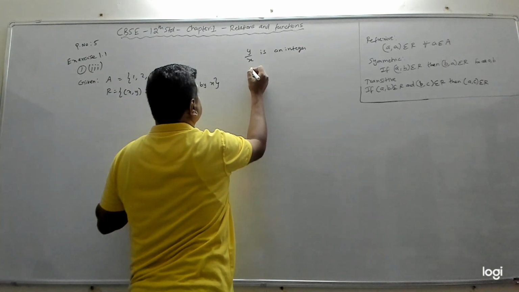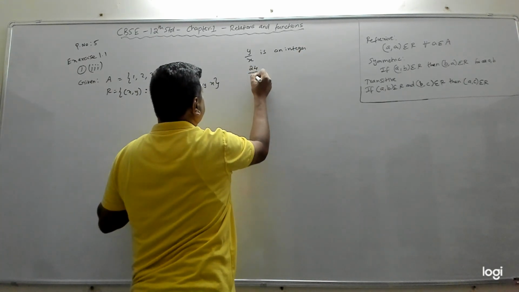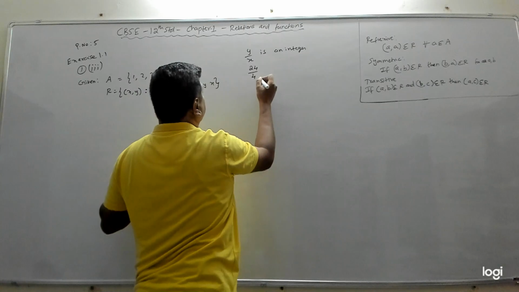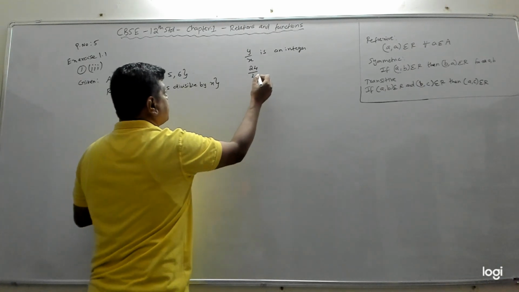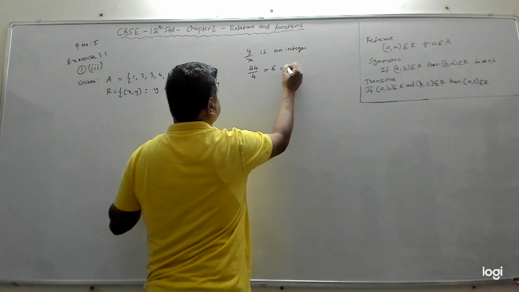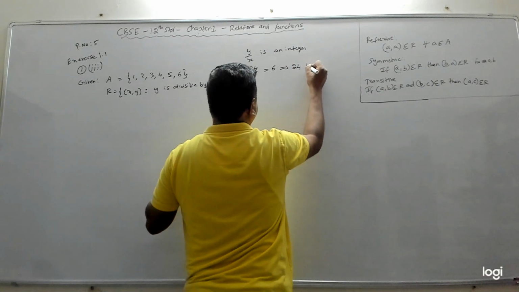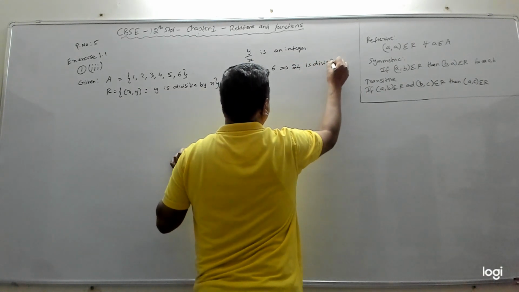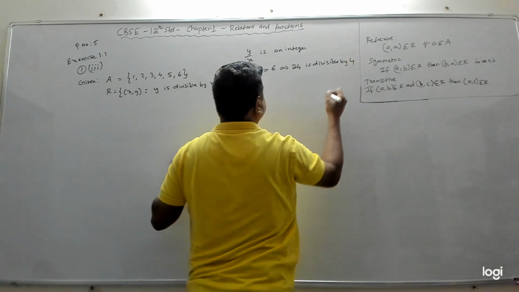Suppose 24 by 4 is 6, then we say that 24 is divisible by 4.